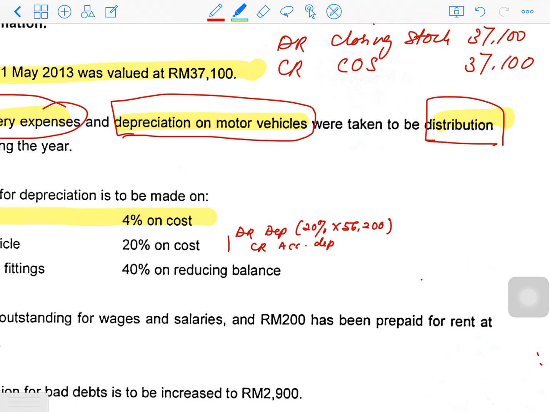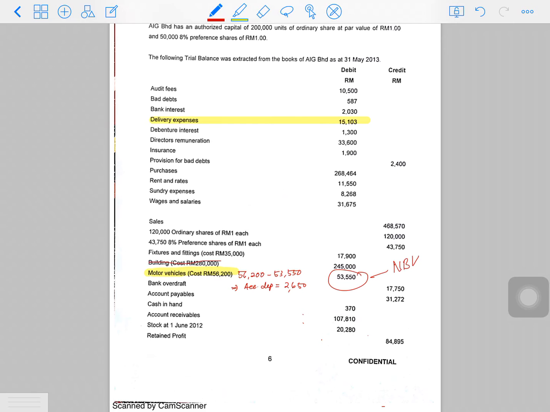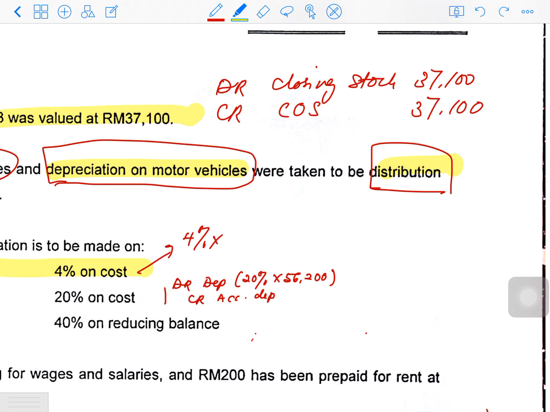That means how much? You have to calculate. You have to calculate 4% times building 280,000. So 280 times 4%, you should get 11,200.